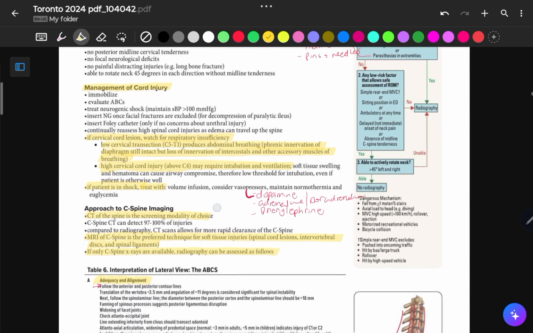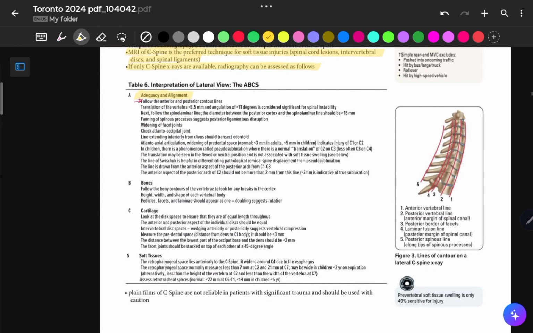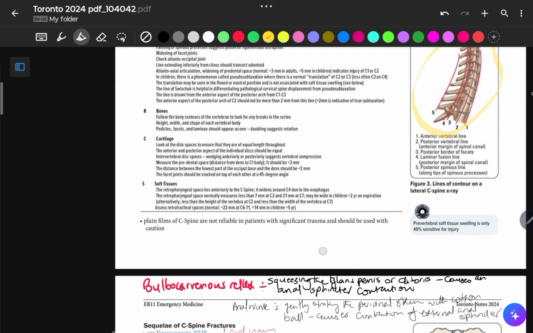Okay. Basically, on the side, this shows how to interpret a patient's C-spine X-ray. You can check Google to help you with that.